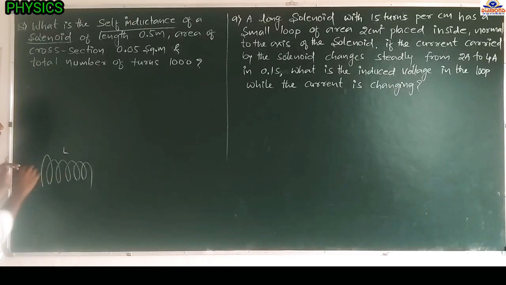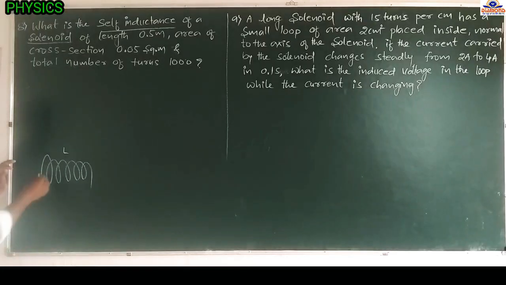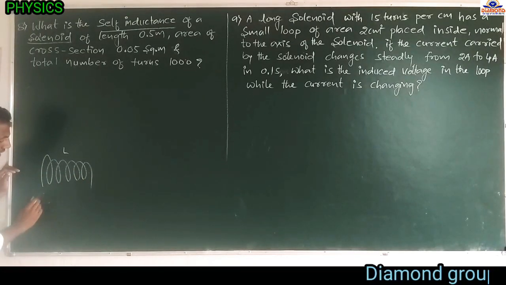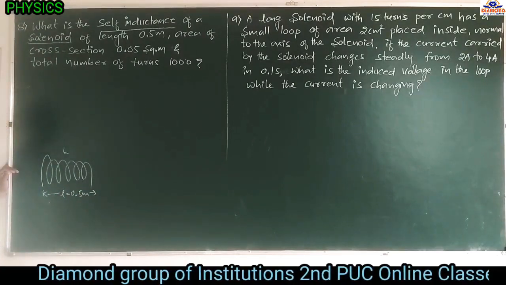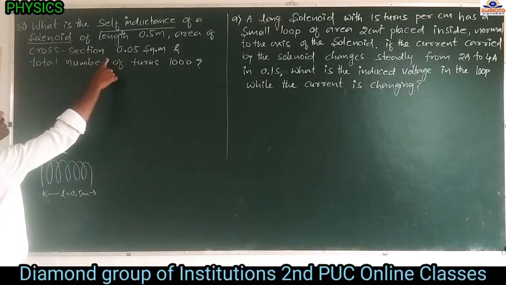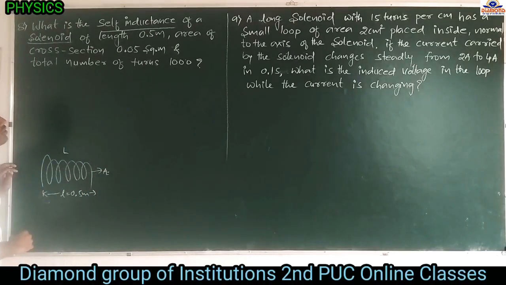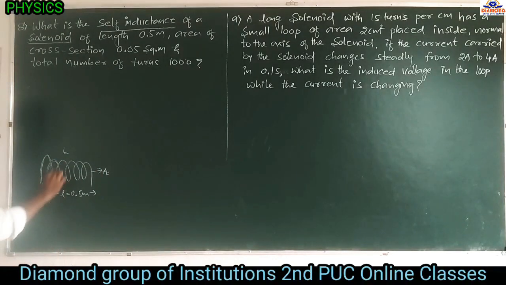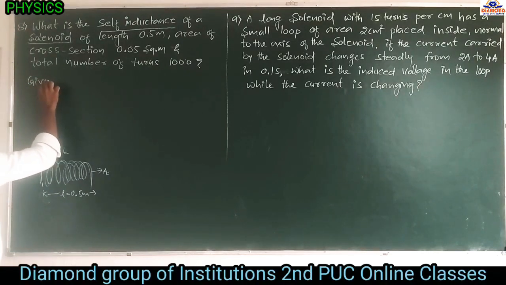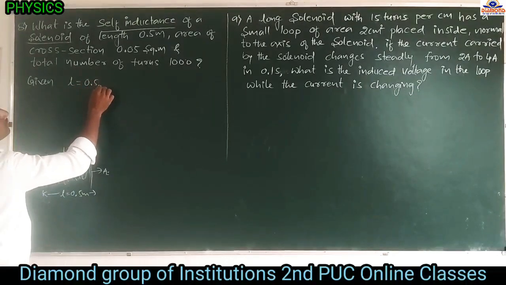Self inductance is denoted by L. The length of the solenoid is given, small l equals to 0.5 meter.